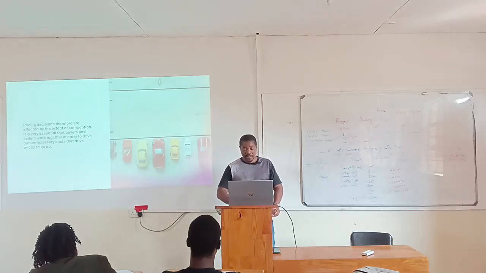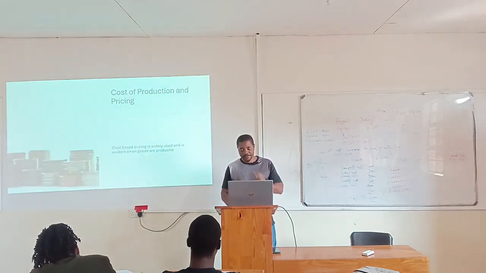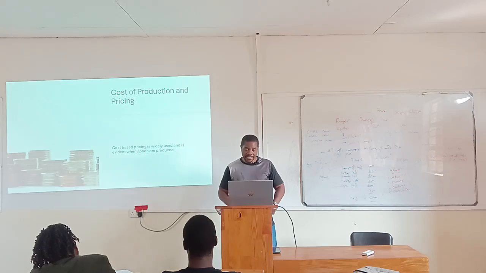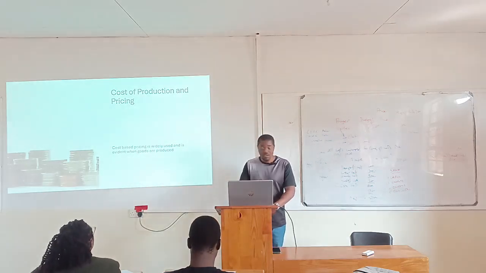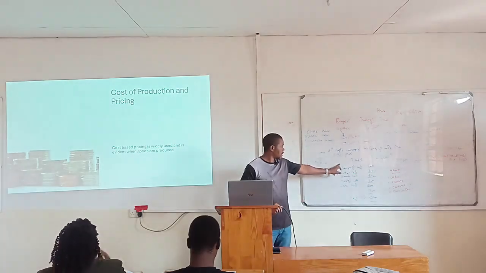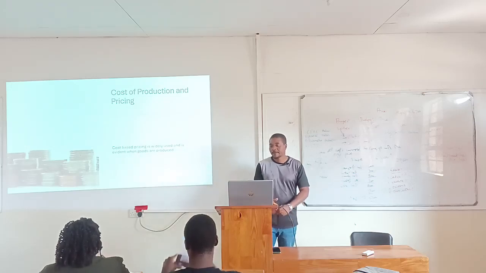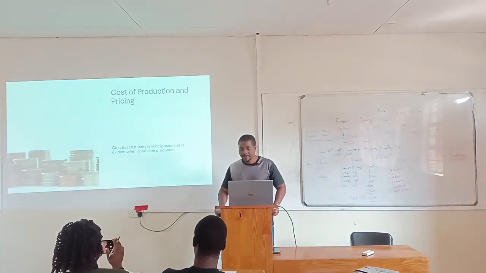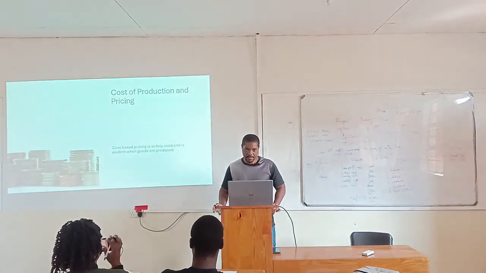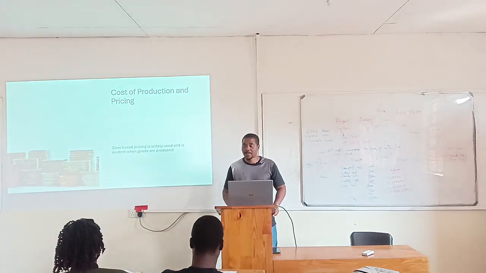Like we said, we need to understand also the cost of production. In our case, we said cost-based pricing is essential in understanding this, the balancing of these costs. Okay? The cost of producing an item must be lower for us to give a fair price or for us to gain from a fair price.